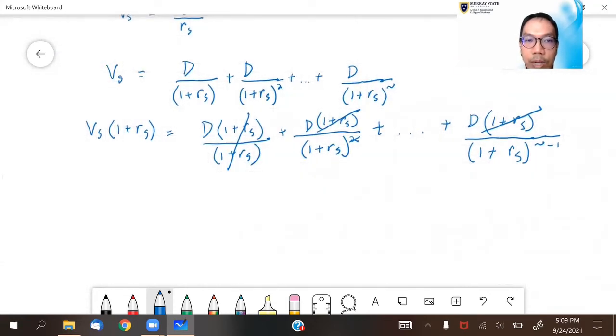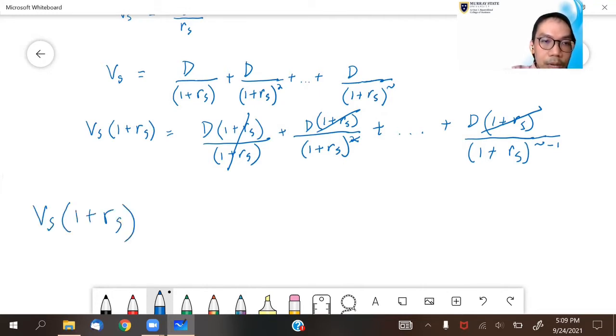So we get the value estimate of a stock multiplied by 1 plus required return by stockholders. If we do a further manipulation here, we take this one minus the original value estimate.